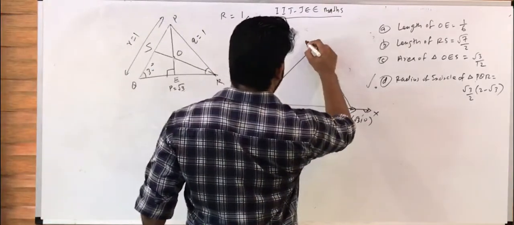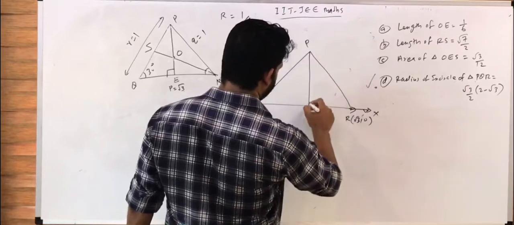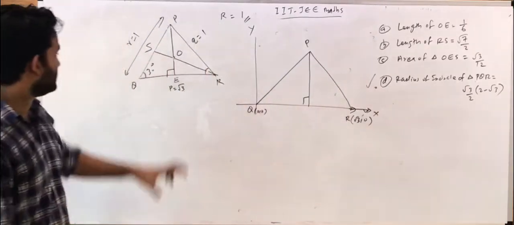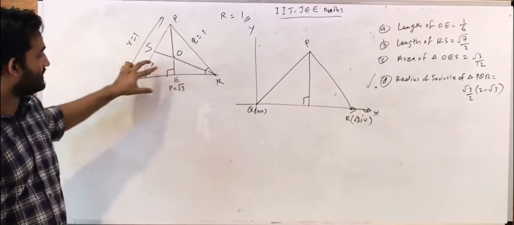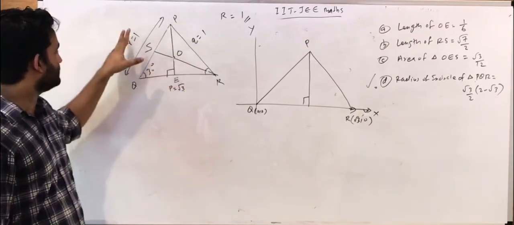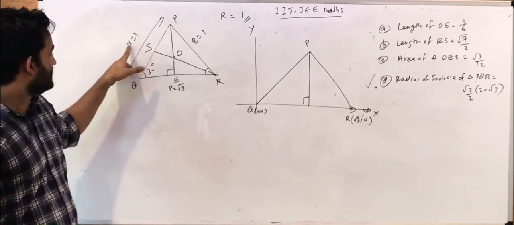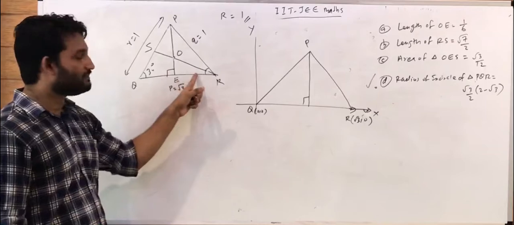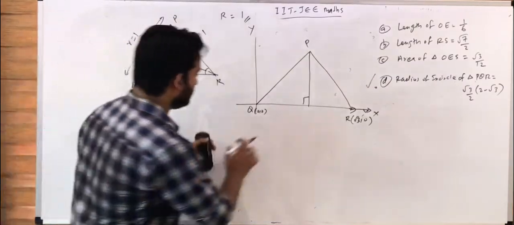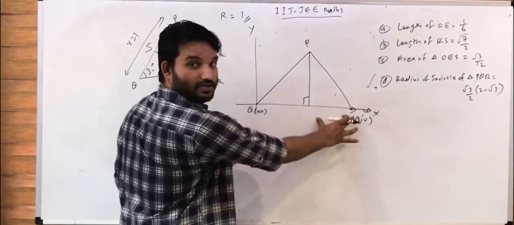Similarly, we can mark P here, and a perpendicular. In this isosceles triangle, the perpendicular divides the triangle into two congruent triangles, because two corresponding sides are equal, so the third side must be equal. So it will be root 3 by 2 and root 3 by 2.